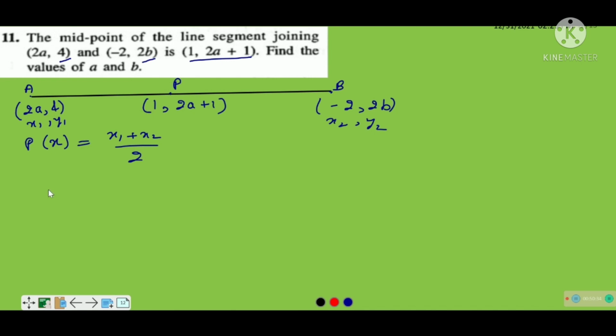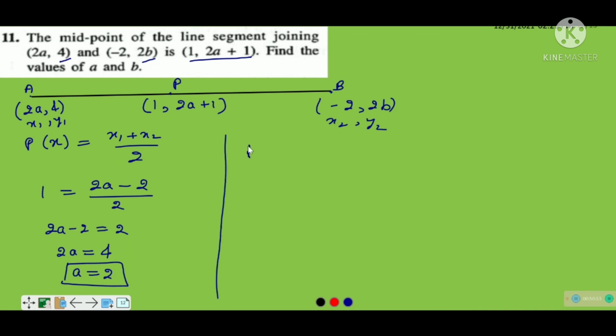The x coordinate of P is 1, x1 is 2 and x2 is minus 2. The value of A is 2.